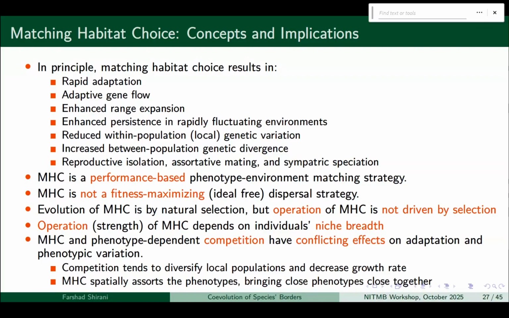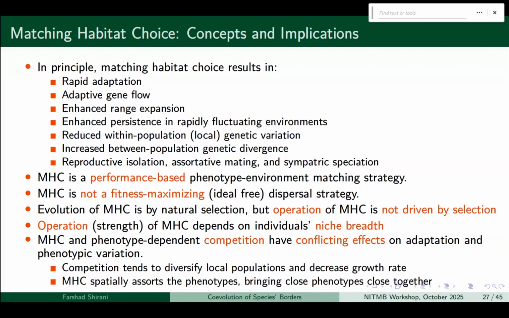And because it's a performance-based adaptive dispersal, it mostly depends on the niche breadth of the individuals, how sensitive they are to their environment. Adaptive dispersal can facilitate rapid adaptation, and more importantly, it is going to create adaptive gene flow instead of maladaptive gene flow. So gene flow to the boundary now is going to be adaptive under this dispersal strategy.